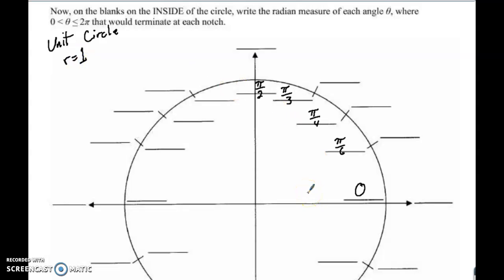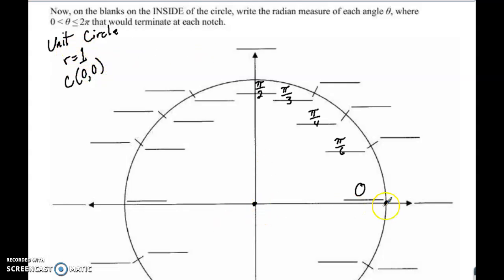I also like to teach this just by knowing degrees and knowing the first quadrant. So, the way I'm going to start is with a radius centered at the origin. Let me write, the center is at 0, 0.